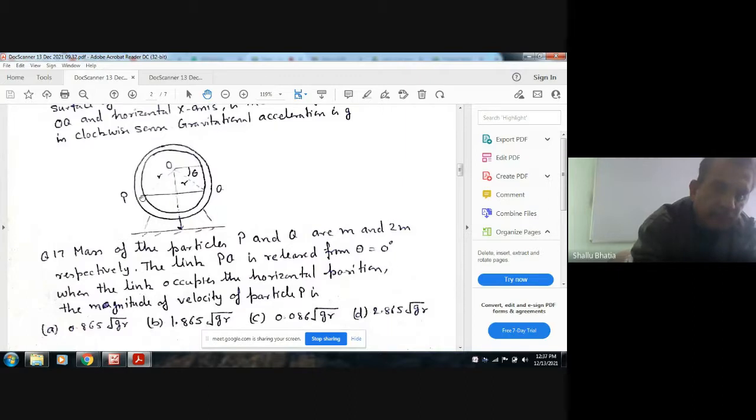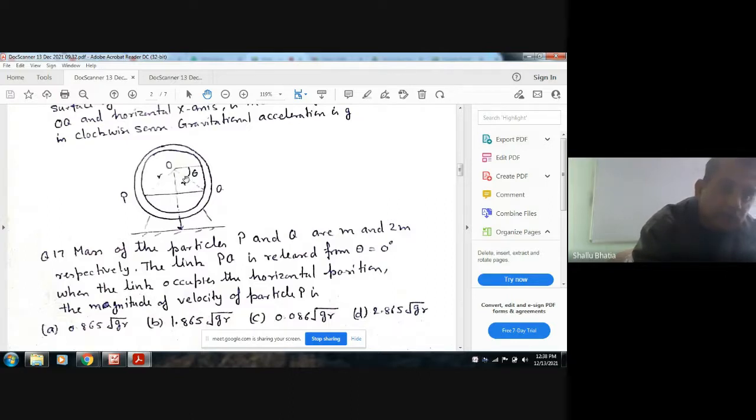At the given position, the link PQ has occupied the horizontal position. The angle subtended is theta. This is R, this dimension is root 2 R, and this dimension will be R by root 2.